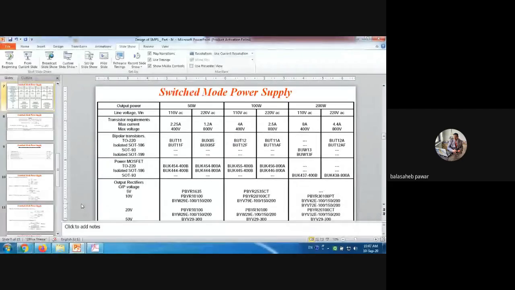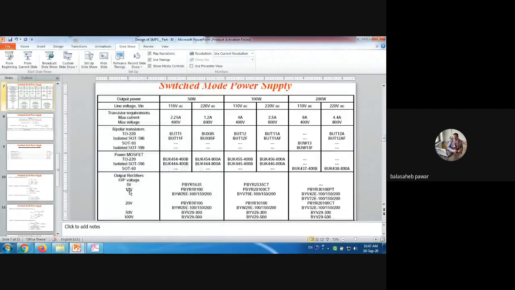So see, if the output voltage requirement is 5 volt, is it? For 50 watt, we are considering a 50 watt load and output voltage requirement is 5 volt. So you can easily calculate the load current. Is it? 50 watt is nothing but VI. Voltage available is suppose 5 volt DC. Then you can calculate the current. That will be the current rating of your designed SMPS.